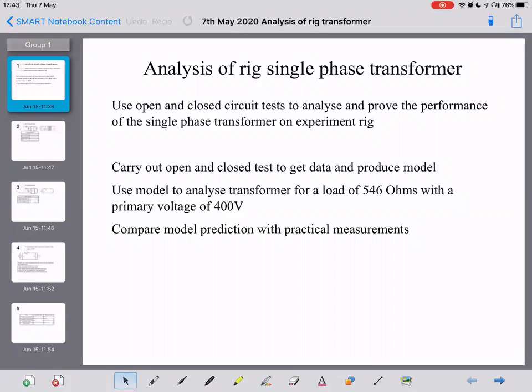Last week we looked at how we could use the open and closed circuit tests on a real transformer to provide some performance data that will allow us to actually create the model for that transformer and model its actual performance.